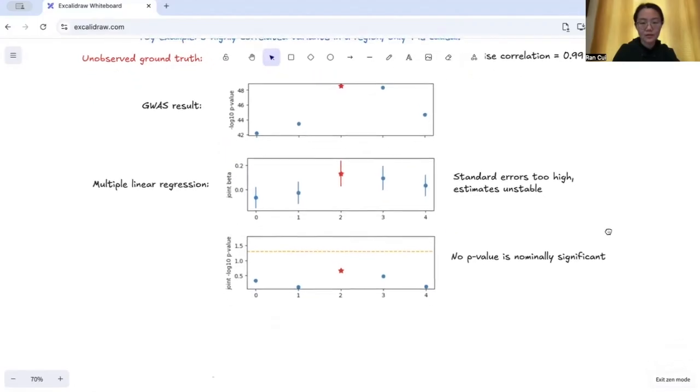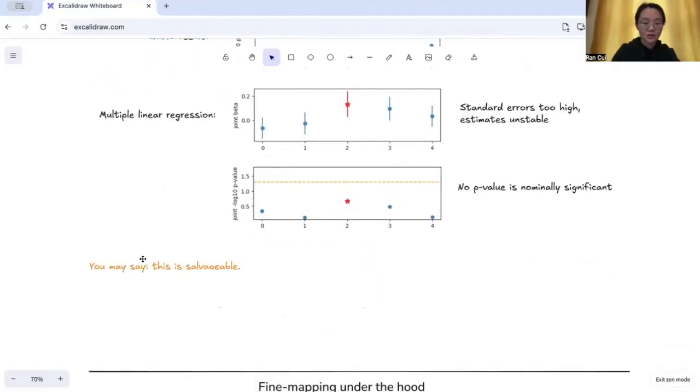But being a good scientist and being hopeful, you might say, well, this is salvageable because I know there's a signal here, and GWAS results show you that it's highly significant.